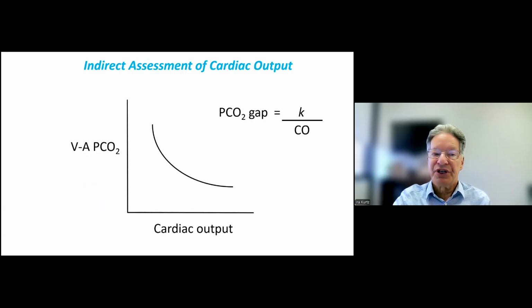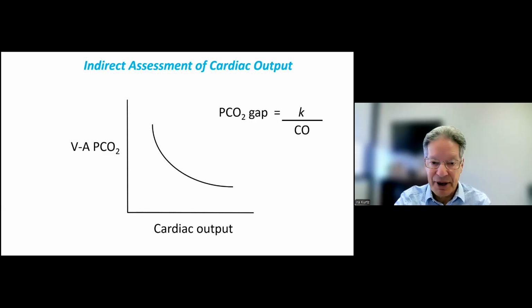Now, it also turns out that the venous arterial PCO2 difference varies with the cardiac output, and there's a hyperbolic relationship. As you lower the cardiac output, you make the venous arterial PCO2 difference greater. And if you think about it, it makes sense. As you slow down the flow of blood back to the lungs, then there's going to be more carbon dioxide from the cells put into each volume of blood.